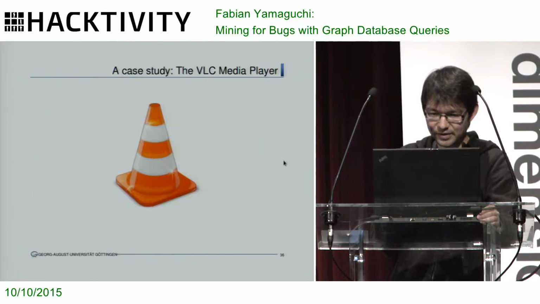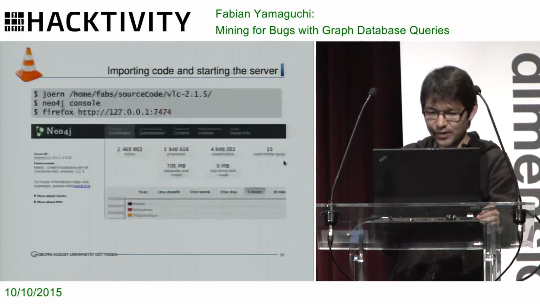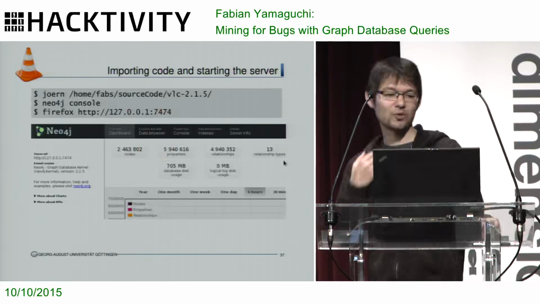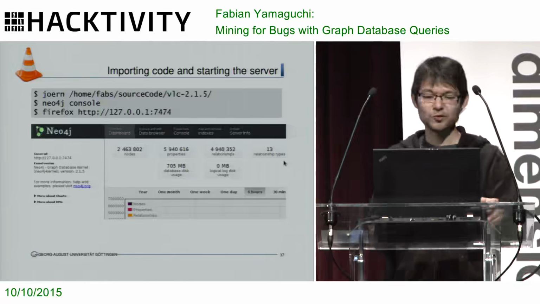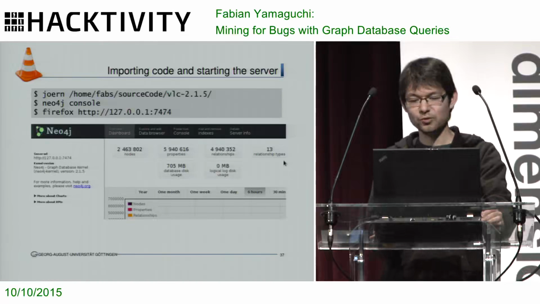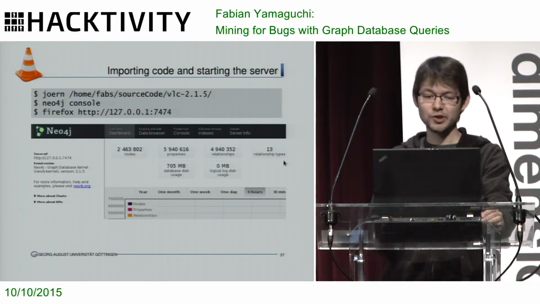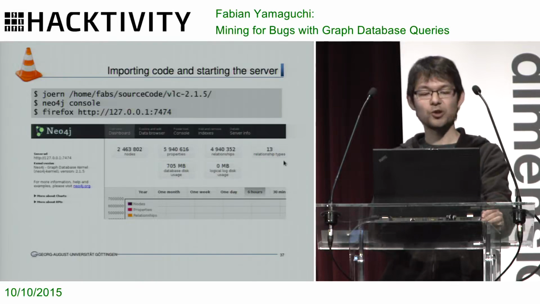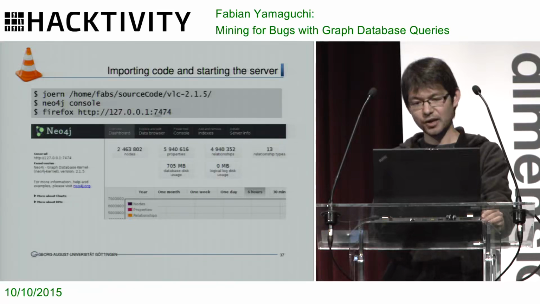All right. But now for a case study, and I think this is the more interesting case study, VLC. So here's what you would do if you were to run this on VLC. First you run Yearn to import VLC, and this takes a while, and then you start the Neo4j graph database server, so that's the graph database, and you can point your browser to this address here just for some statistics.